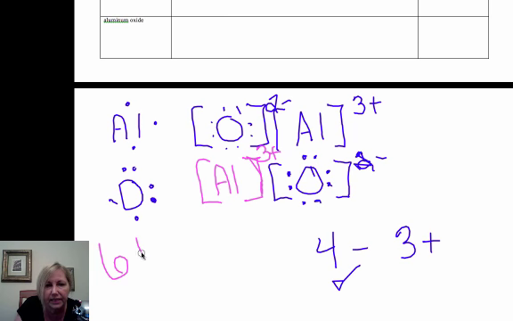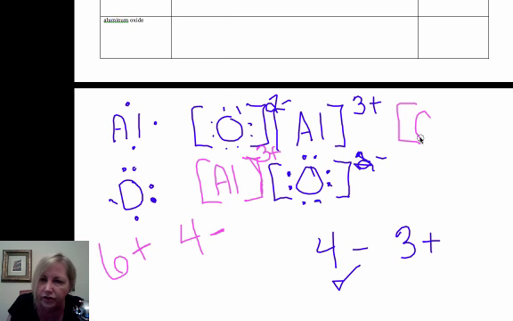I have 6 positives and I have 4 negatives. I have excess positive. So let's draw another negative. And as long as you simply alternate, I don't care where you put them. So we're going to put another oxide in here.